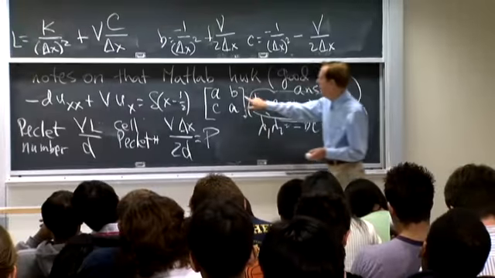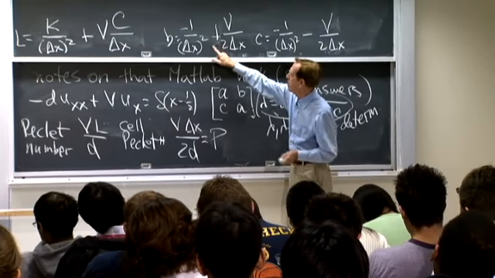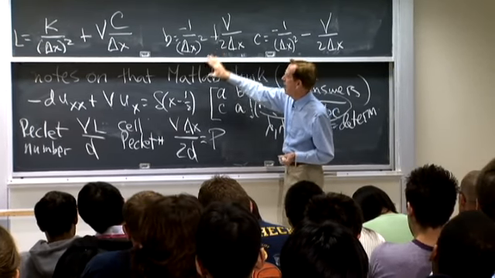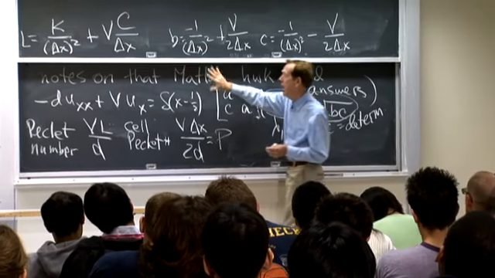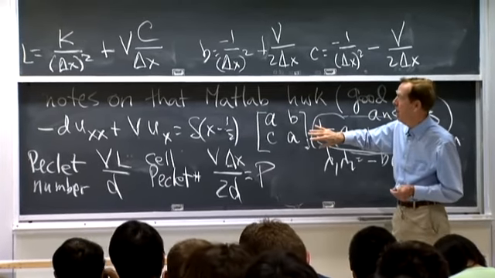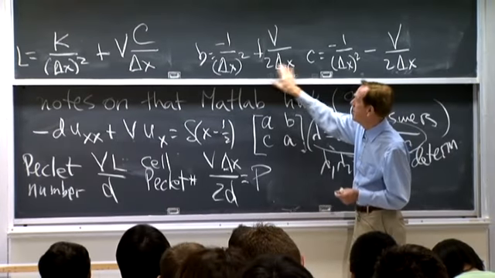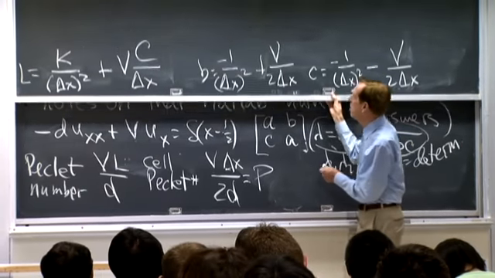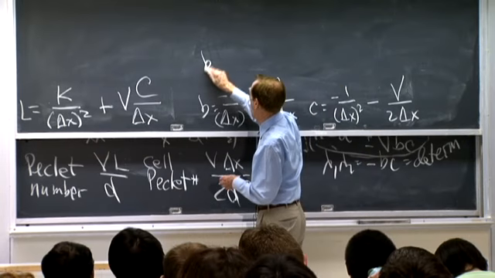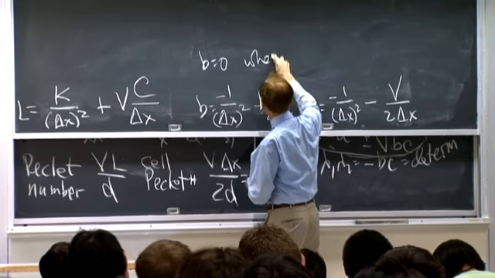And when is B equals 0? Well, that's when this negative off-diagonal entry exactly cancels this one.